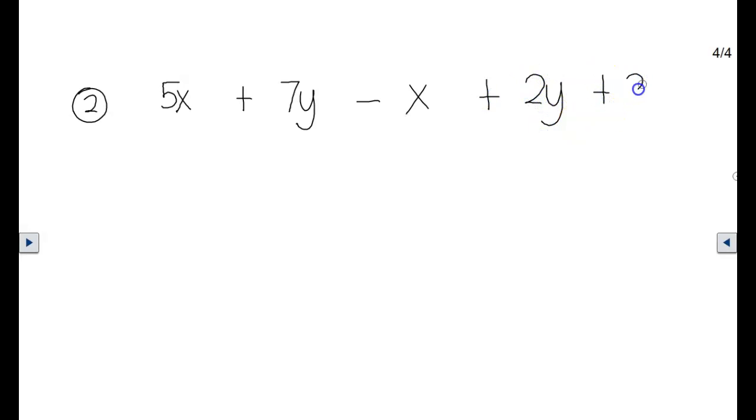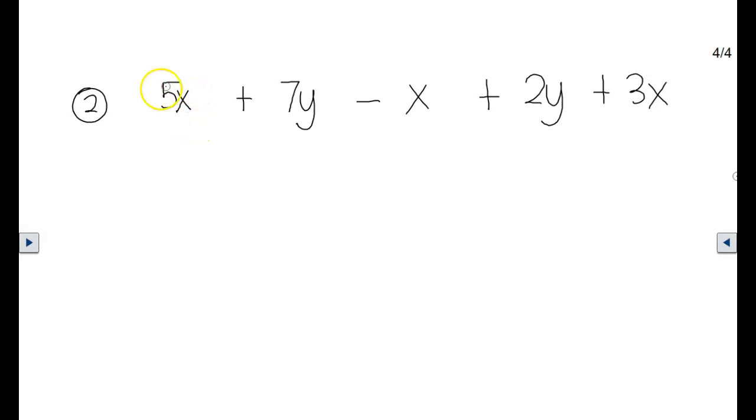All right, let's look at this one. So I have 5x plus 7y minus x plus 2y plus 3x.